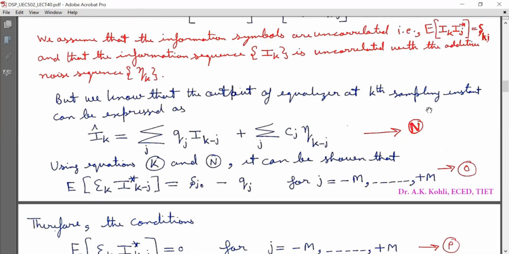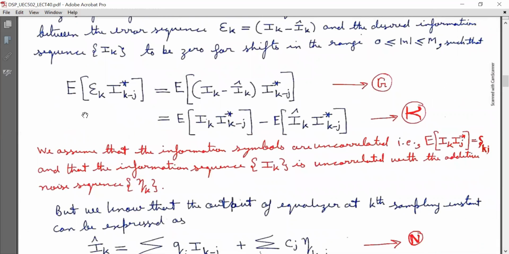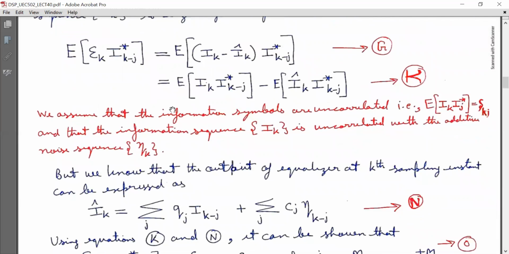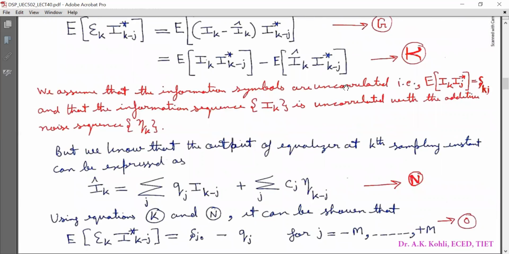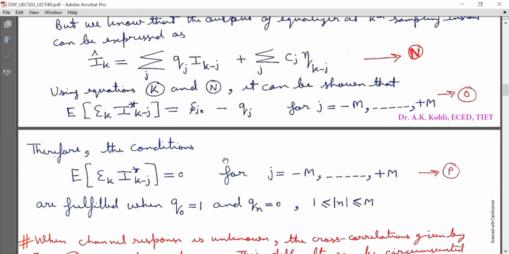Mark it as equation N. Using equations K and N, it can be shown that expectation of ek into I conjugate k minus j is delta j0 minus qj for j in the range minus m to m. Mark it as equation O.